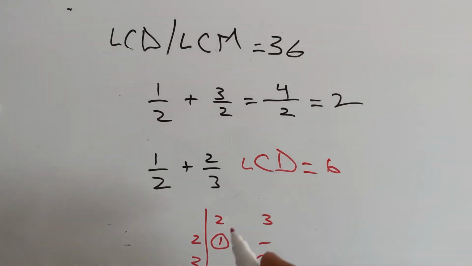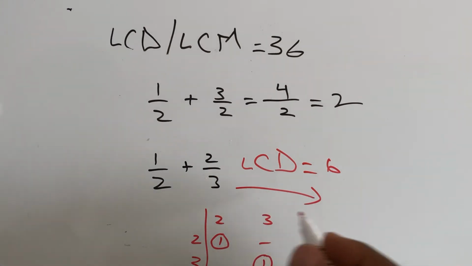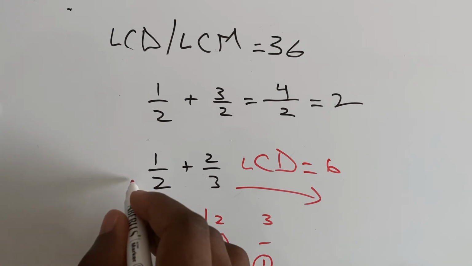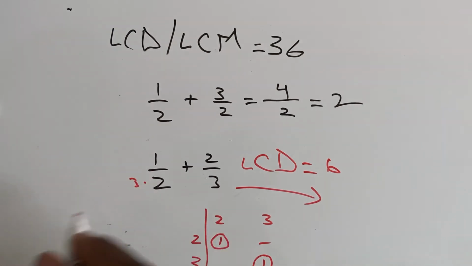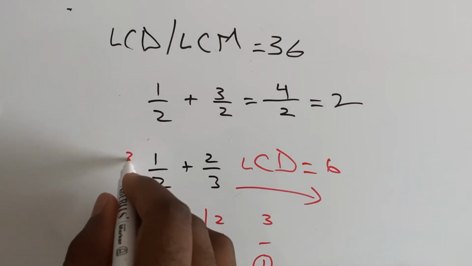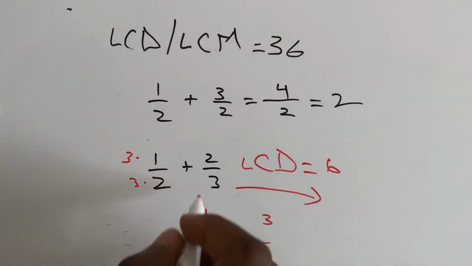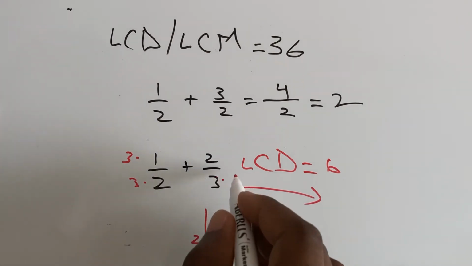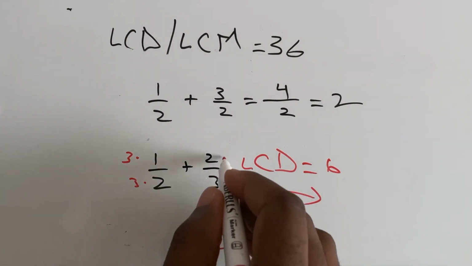In this case, guys, what you do is try to get 6 in the bottom. Multiplying the bottom by 3 would give you 6. Therefore, I'll multiply the top by 3, because whatever you use for the bottom, you use for the top. Then same thing here, you would multiply this by 2 to get 6.